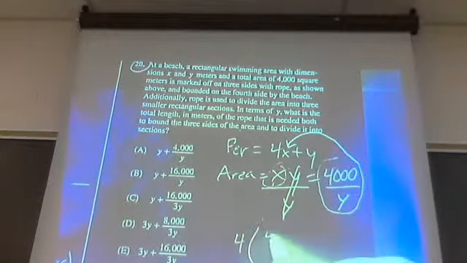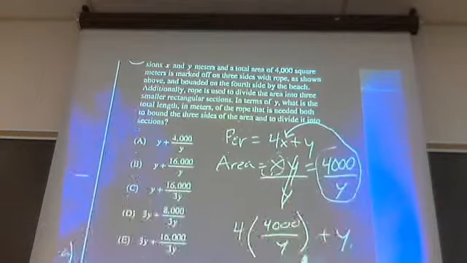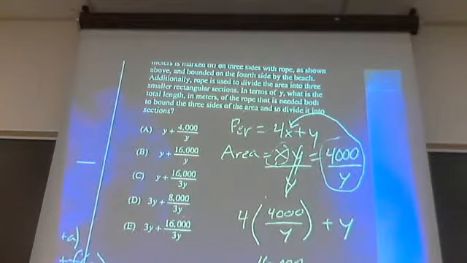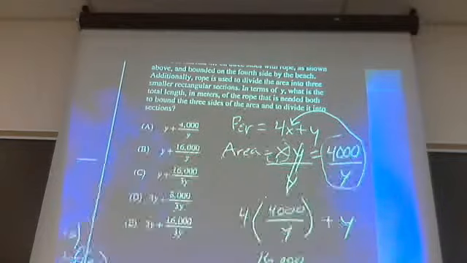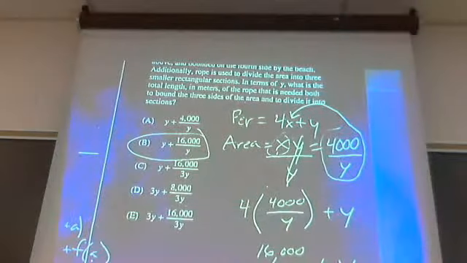So 4 times 4,000 over y plus y. Anybody know what 4 times 4,000 is? Do we have any choices that look like 16,000 over y plus 1y? Choice B. So we just solved one equation and substituted in the other one.